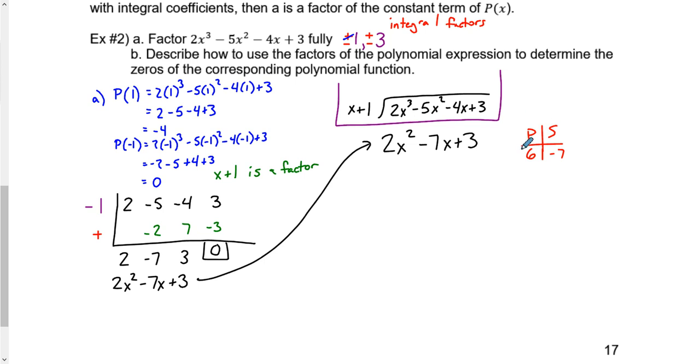Yes, this is our crash course on factoring complex, just like we had factored some simple ones last day. Product of 6 and sum of -7 will be a -6 and a -1, which means we're going to split our -7x into a -6x and a -1x.